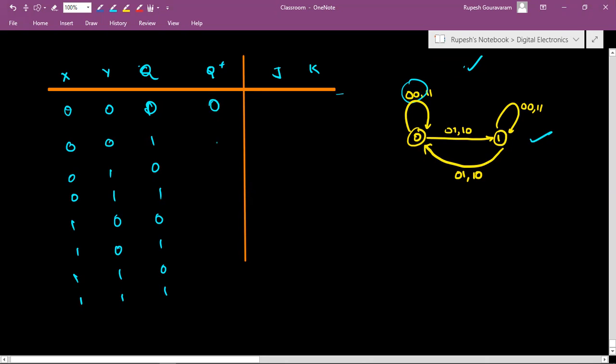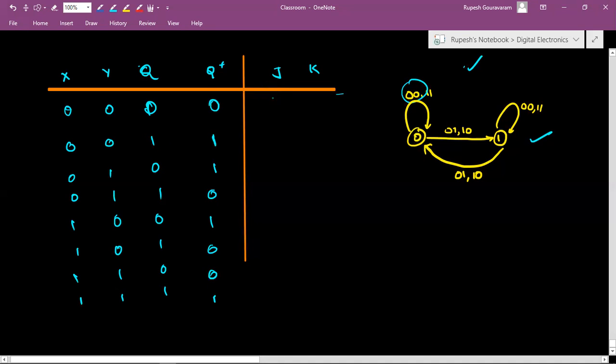Similarly, going on filling like this, if x and y are 0 0 and the present state is 1, the next state will also be 1. So if you go on filling like this, then you'll get 1 0, then 1 0 0 1.